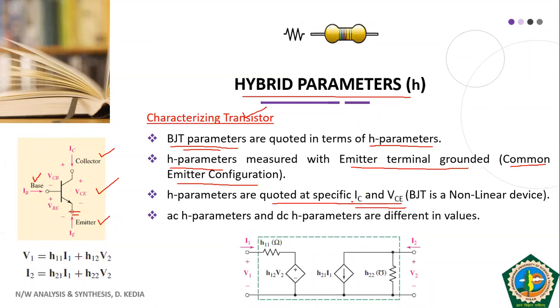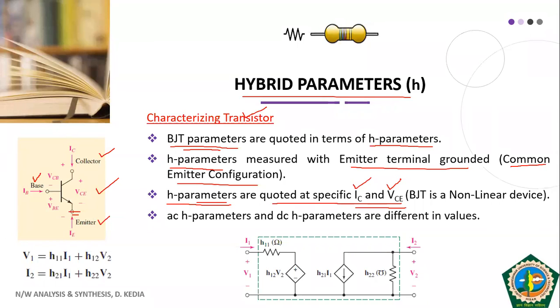So we will be specifying H parameters at a given value of collector current and VCE, the collector emitter voltage, because if these change, the value of the H parameter is bound to change, since your BJT is a non-linear device. Whenever you come across H parameters for a bipolar junction transistor, you will notice that those values are for a given set of current and voltage parameters. Please mind this.